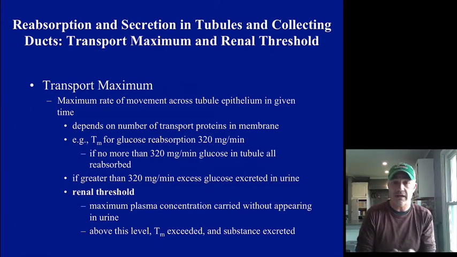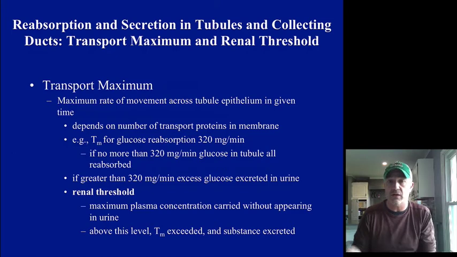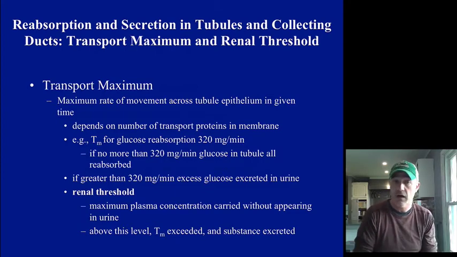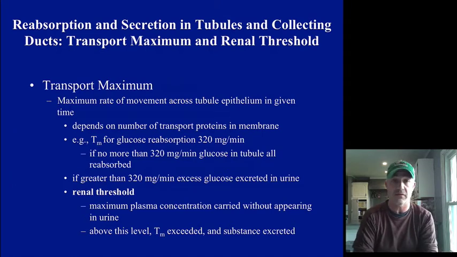So, for example, with glucose, you can reabsorb 320 milligrams per minute. If there is more glucose than that in the filtrate, it means we can only absorb that amount. Anything in excess of that is going to become part of the urine. This is actually what happens with diabetes, for example.